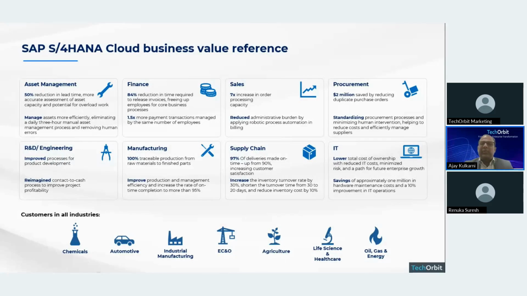That reduces a huge amount of administrative tasks, because right from the person who is getting the sales order, there is a lot of administration work needed in monitoring those orders. That gets reduced tremendously with proper implementation of SAP.